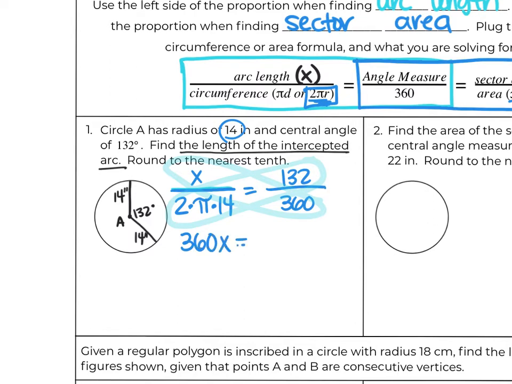Now this other side, yes, you're going to multiply it all out, but I don't necessarily have to have your full answer here because I don't want you to round it, okay? So I'm going to show you here. In my calculator, I'm typing 132 times 2 times pi symbol times 14. Okay, that gave me like 11,611.32..., so it's going to be a really big number.